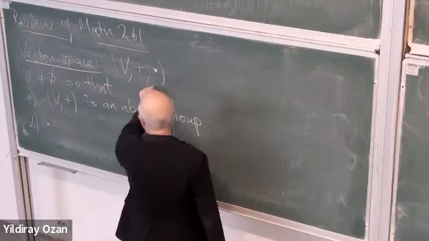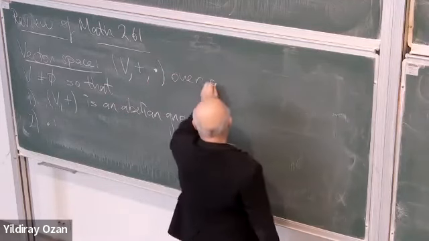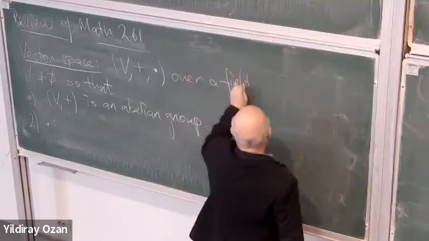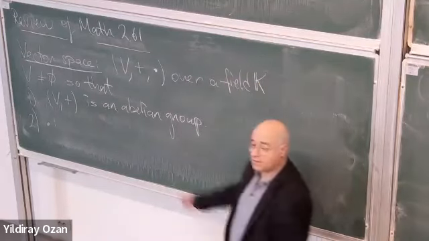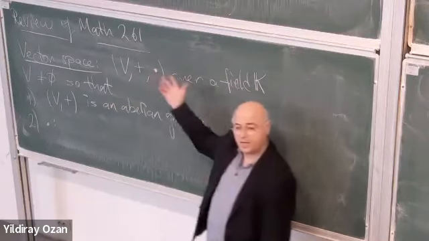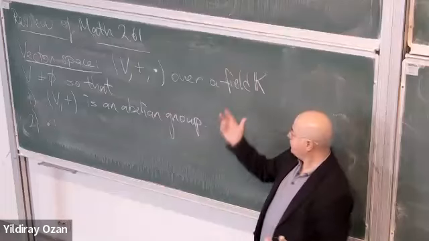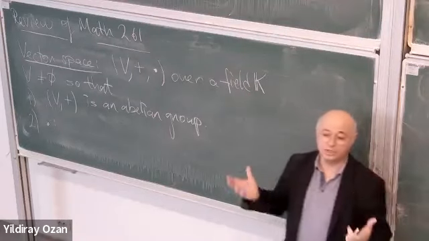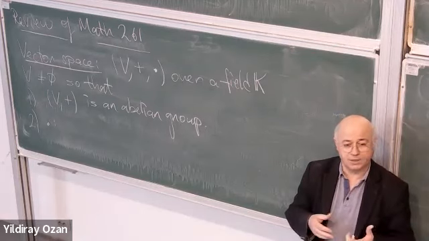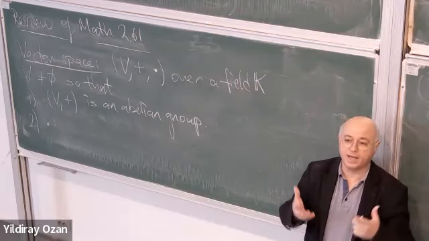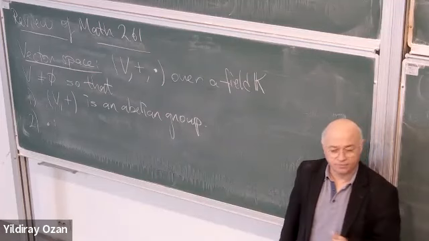So maybe I should take a vector space over the field K. Every vector space is a vector space over a field. This field can be rational numbers, real numbers, complex numbers, or a finite field like Z2, ZP, or any other finite field.